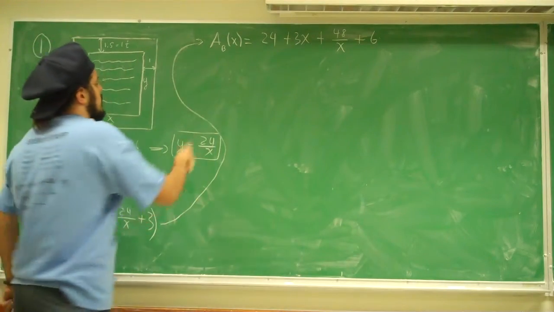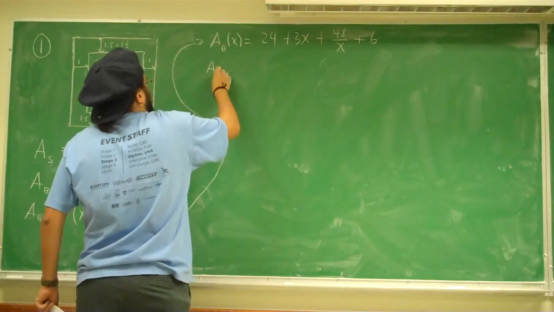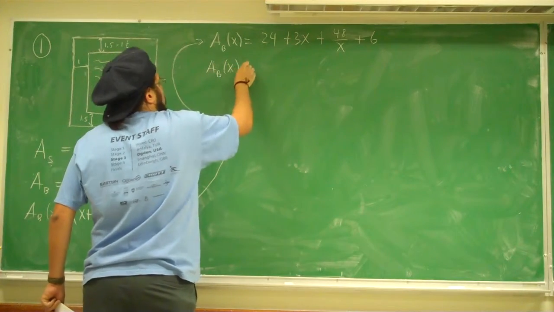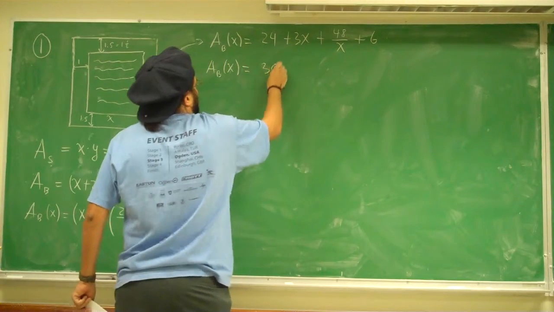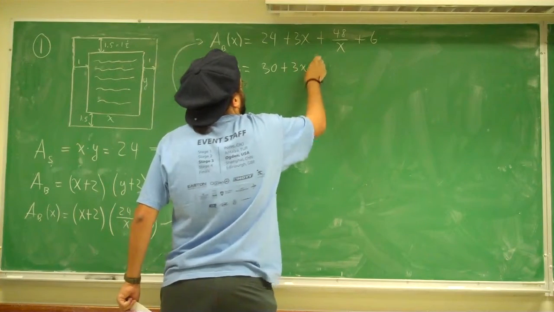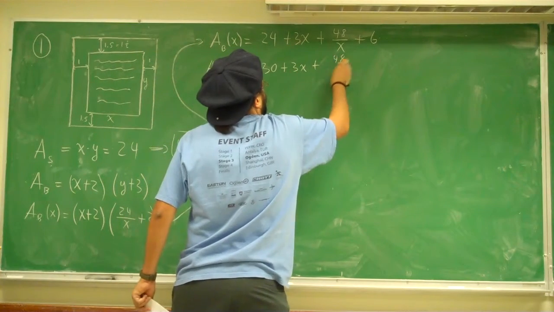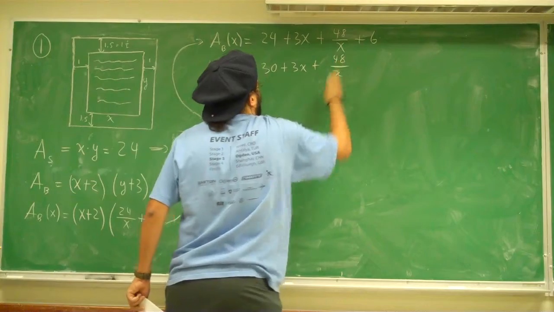So area of big is equal to 30 plus 3x plus 48 divided by x.